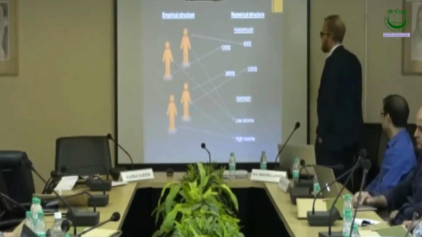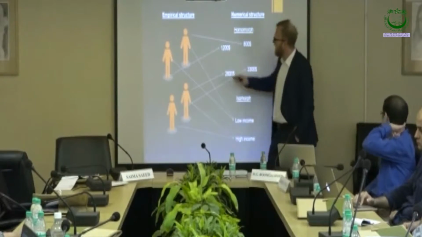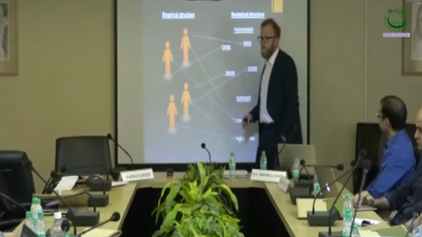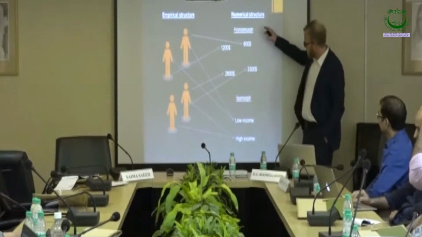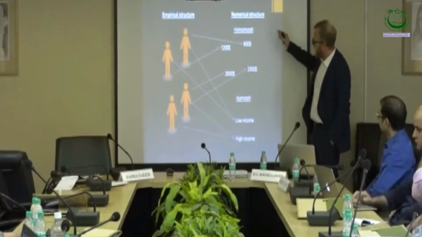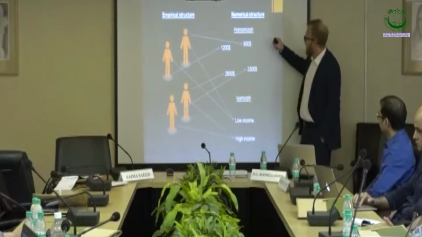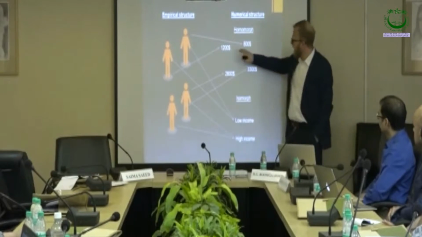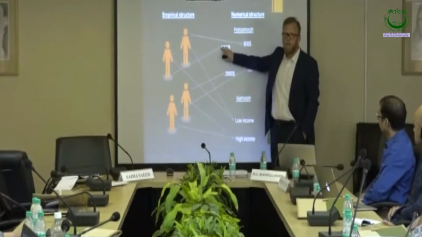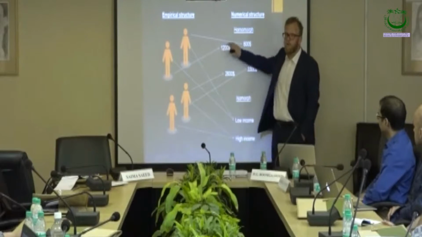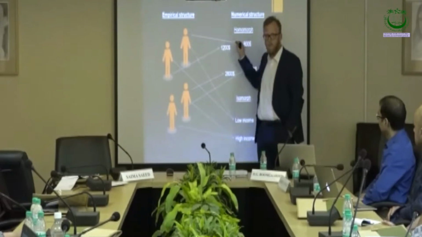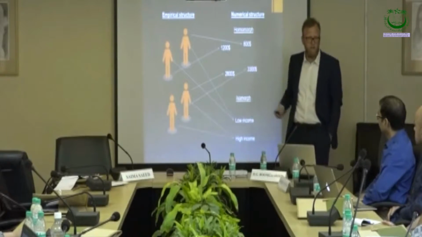To make it clearer, again, this is your empirical structure. This is what is out there for persons. They have different income levels. If you do, sorry, this is the wrong way around. If you do an isomorph mapping of their income, you see there's 4 different incomes here, and you can translate back and forth between the incomes. You know that this income is attached to the person it is on.